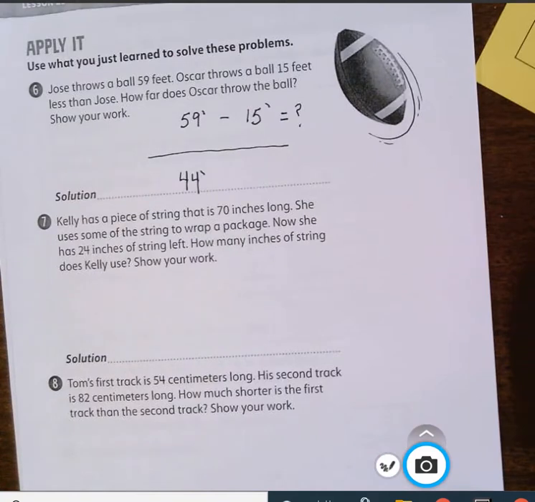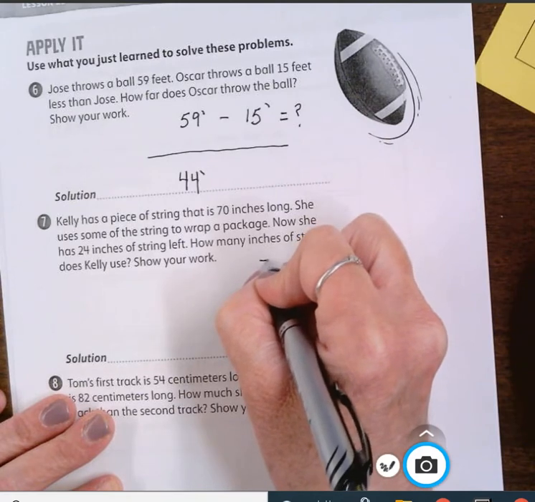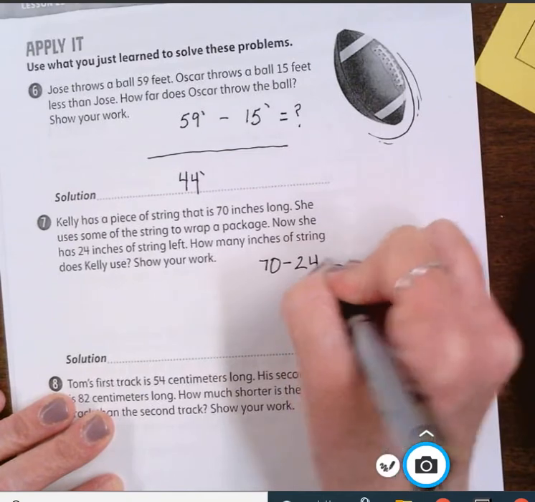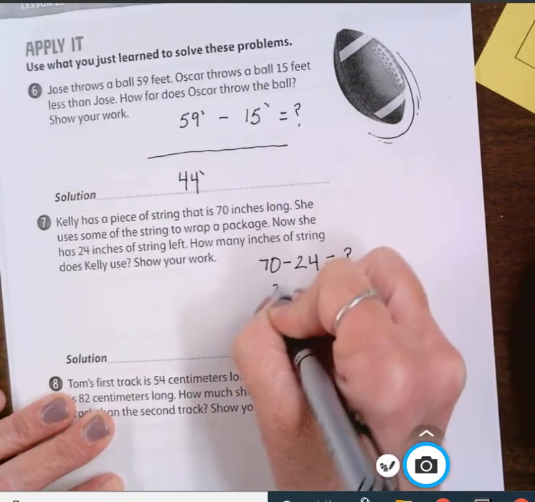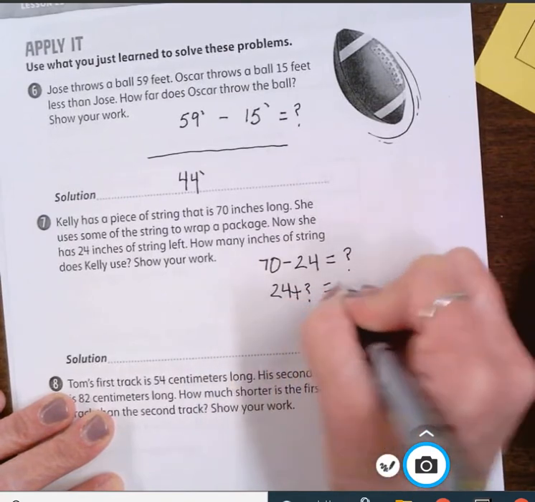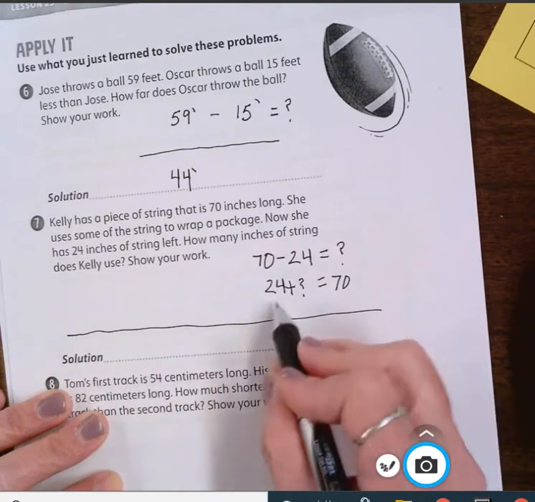Okay, Kelly has a piece of string that is 70 inches long. She uses some of the string to wrap a package. Now she has 24 inches of string left. How many inches of string does Kelly use? We can do 70 minus 24 equals what? Or we can do 24 plus what equals 70. Let's do the 24 plus what.